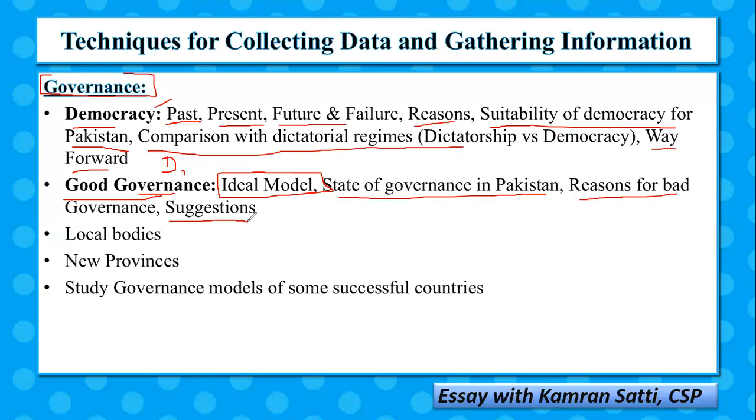So I would advise that you pick up a register, you write the main heading like governance, then you skip 3 to 4 pages, then you write the heading of the next topic. And whenever you read newspaper or editorials and you come across some interesting fact, you just jot it down under that heading, let's suppose under governance.